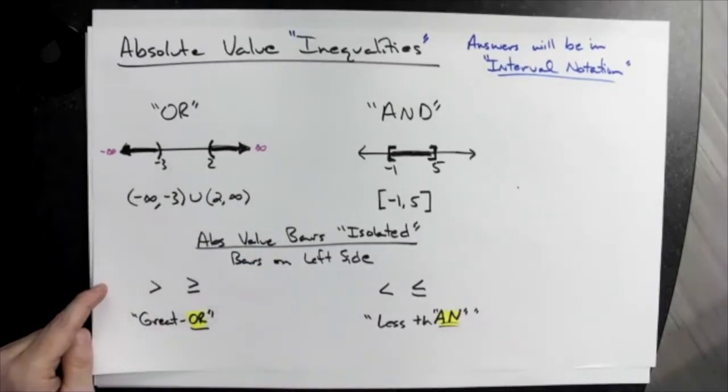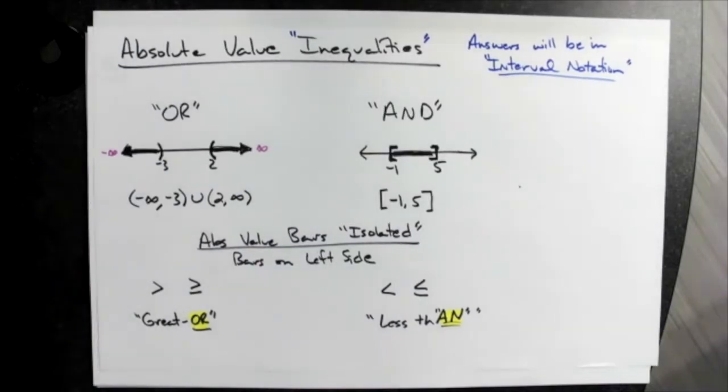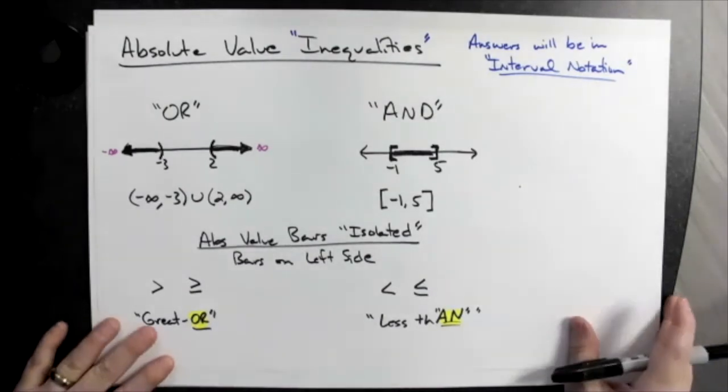Some people can naturally tell when they get down to their 2 answers. You're going to have 2 answers just like we did on the equal sign. Some people can just look at that and go, oh, this is greater than this and less than this, so it's got to be this. Other people have to memorize a set way to do it. But when we do an example, you're going to see how it falls into the and or the or category.